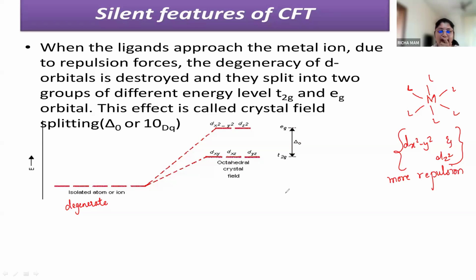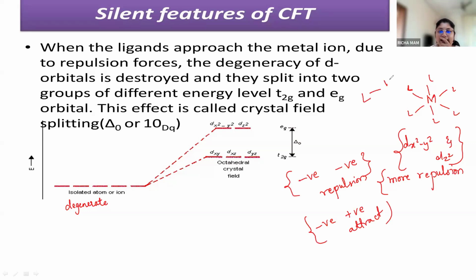You know now what is attraction and what is repulsion. If you have negative and negative charge, they will not attract; repulsion will be there. When you have positive and negative, attraction takes place. Here the ligands have negative charge, and your orbitals, dx square minus y square and dz square, are on the axis.